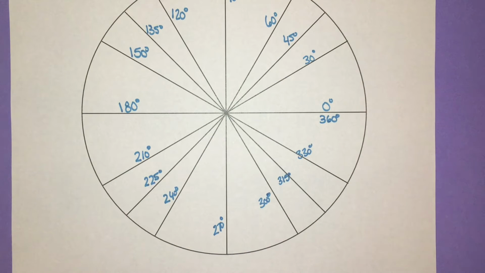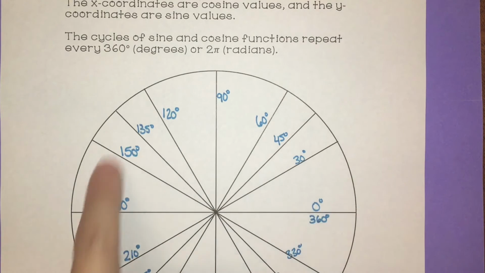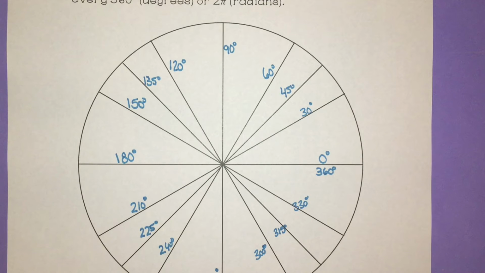So that's in degrees. Our other way of measuring is using radians. So we're going to go through and re-number using the measurement of radians. So we're going to use pi.